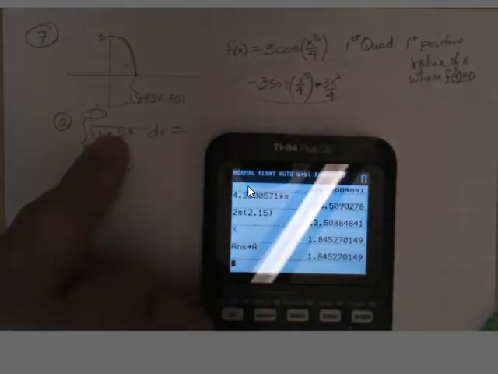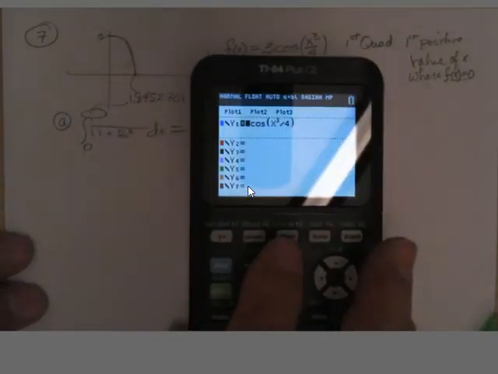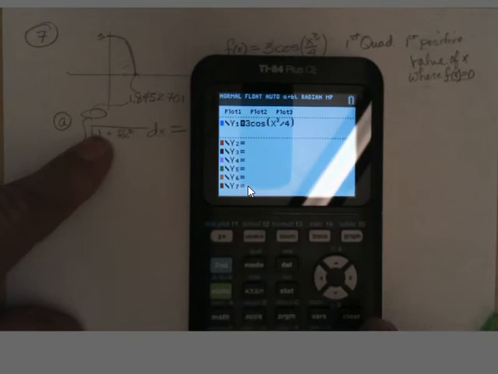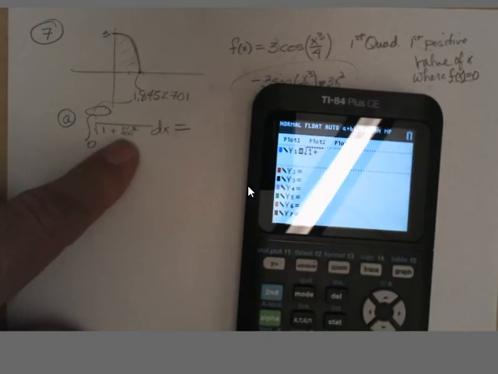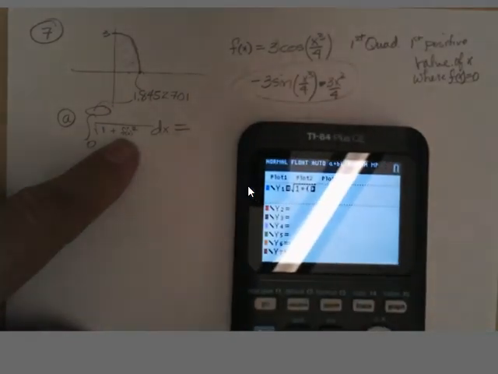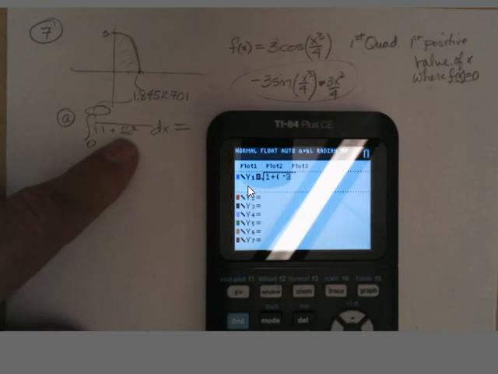So here we need to do clear, square root of 1 plus this derivative, and I got to square it, so I'm going to put a parenthesis of negative 3, which is not going to make any difference because I'm squaring it, sine of x to the third divided by 4, close parenthesis, times 3x squared divided by 4.